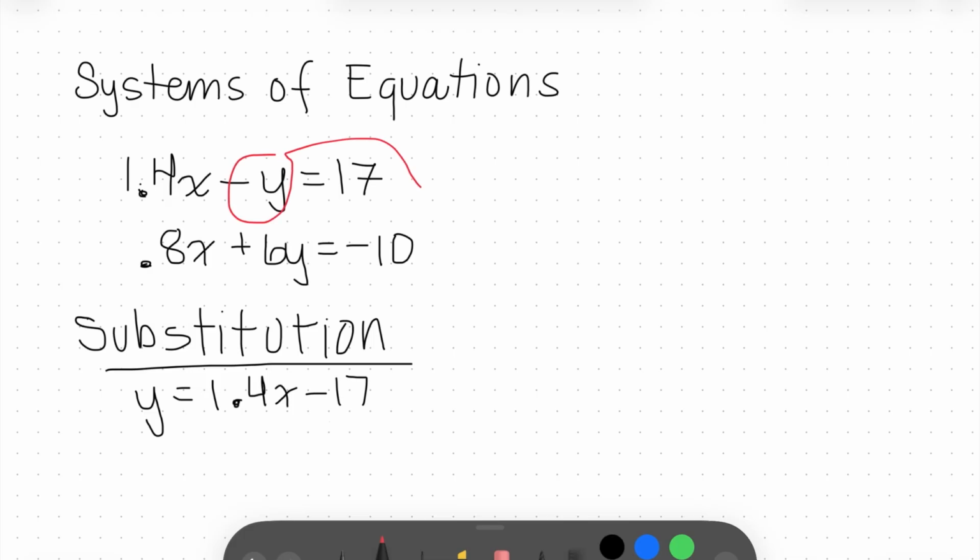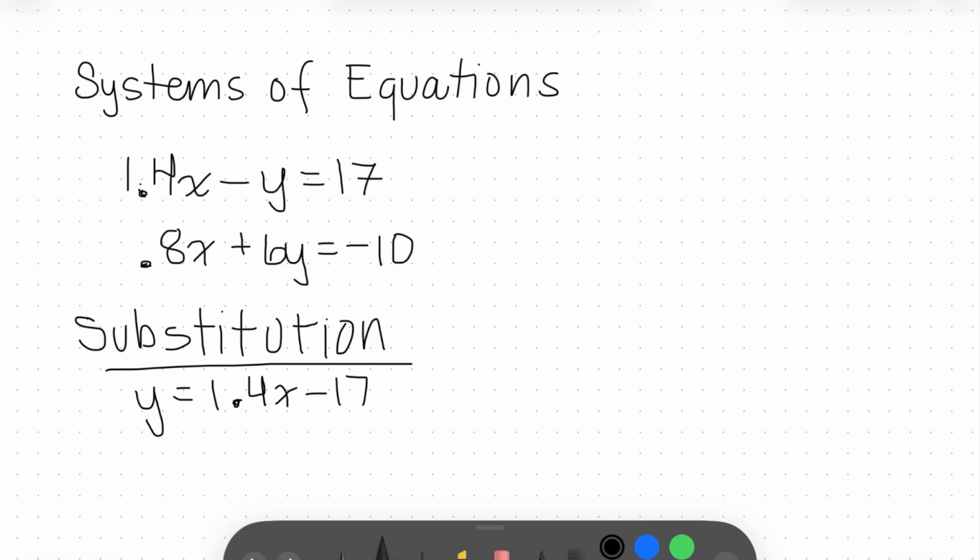I isolated the y on one side, so I had a positive y, and then I subtracted 17 from the other side, and then I just reflected them, so the y's on the left. Just because that's the convention that we like to see, right? We always typically put the variable that we solve for on the left.